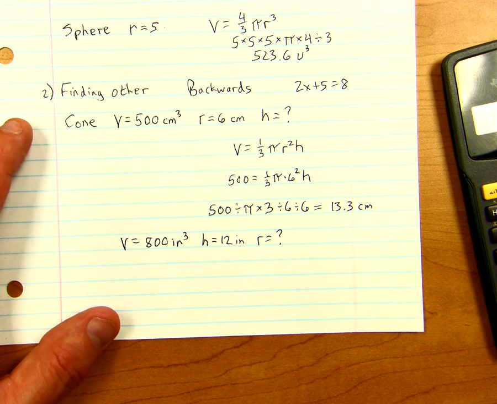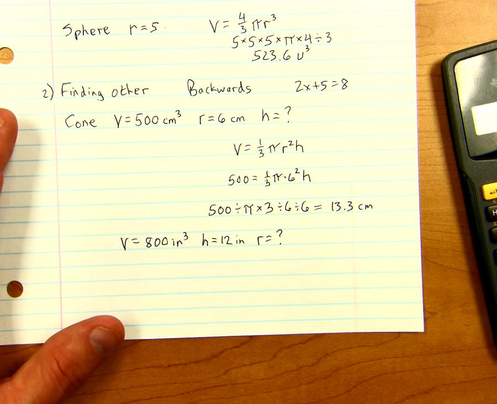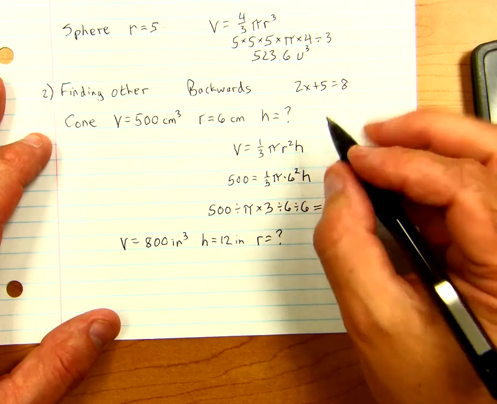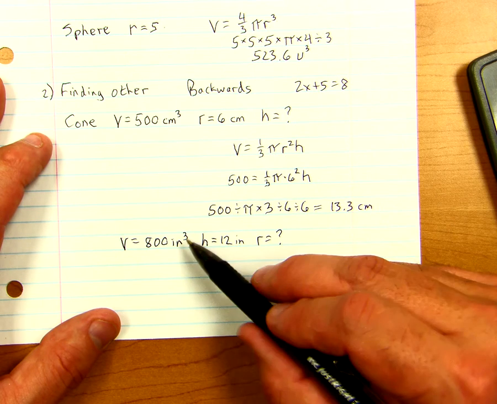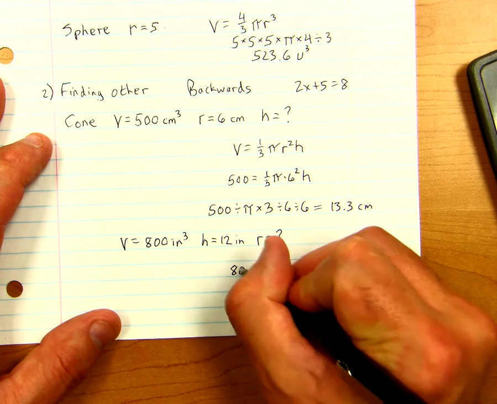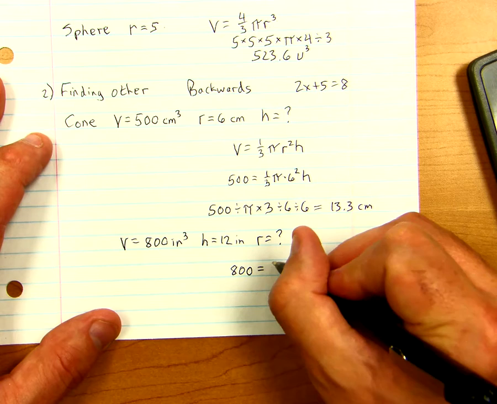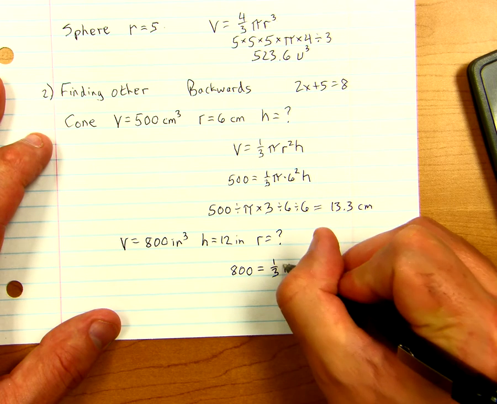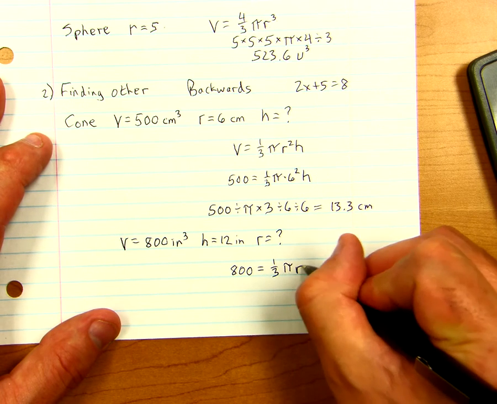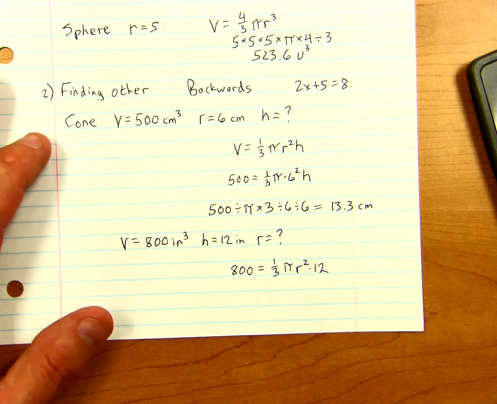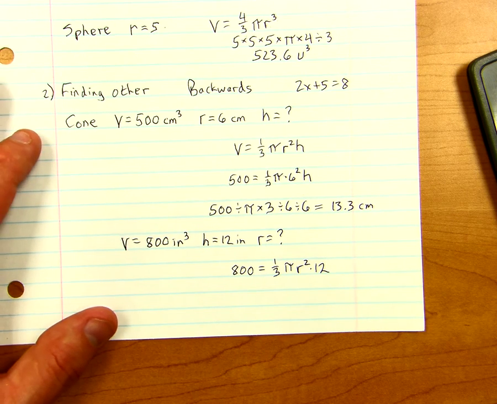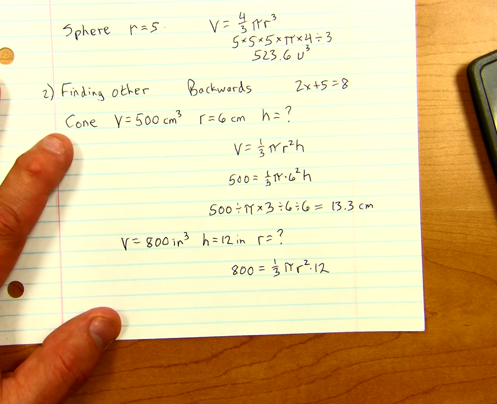I'm going to do it with you. So my formula is the same. I'm going to put in the pieces I have. So I got 800 equals 1/3 pi r squared. I don't know r, but I do know the height, times 12. It's a cone. Doing a cone again.